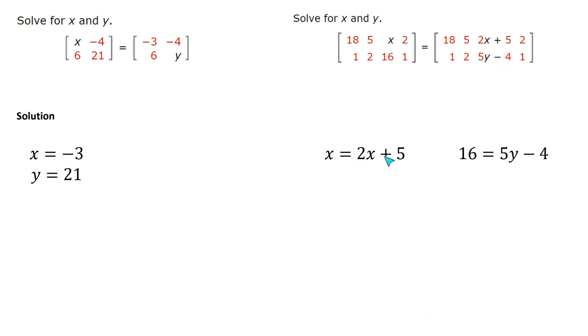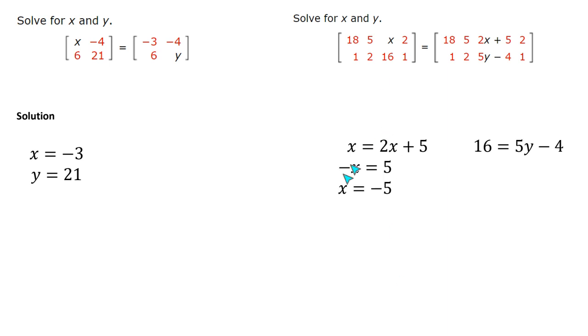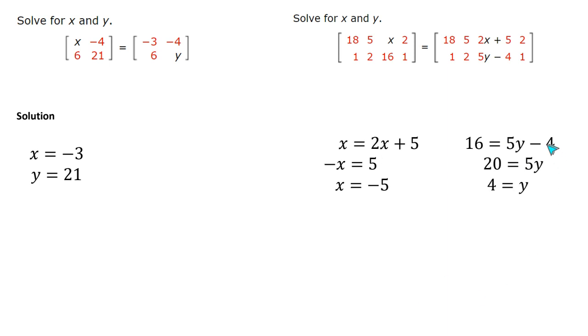And now I just have an equation, and I can solve for x. If I subtract 2x on both sides, I get negative x is equal to 5, divided by negative 1. So we get x is equal to negative 5. And then for the second one, if I add 4 on both sides, I get 20 divided by 5. So I get y is equal to 4.